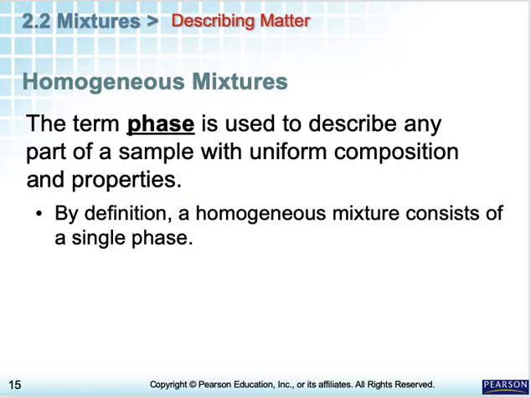The term phase is used to describe a sample with uniform composition and properties. So a homogeneous mixture consists of a single phase. Something like vinegar, with acetic acid dissolved in water, is in a single phase. It's all liquid.